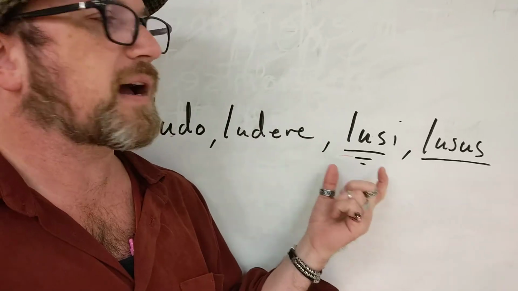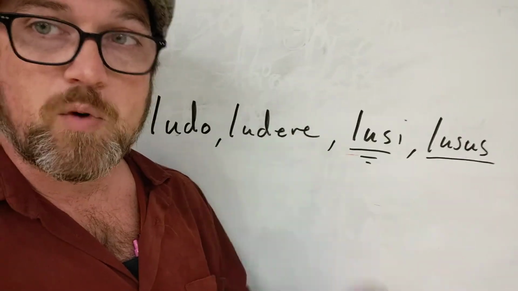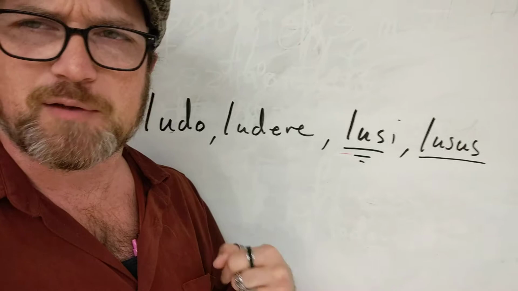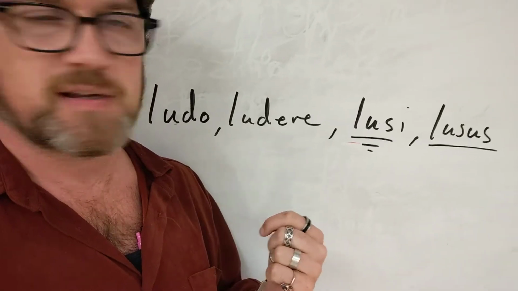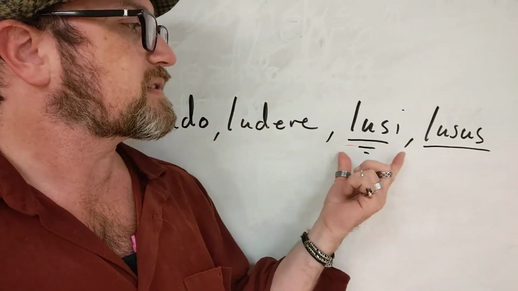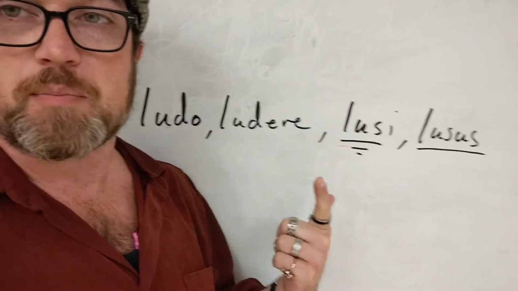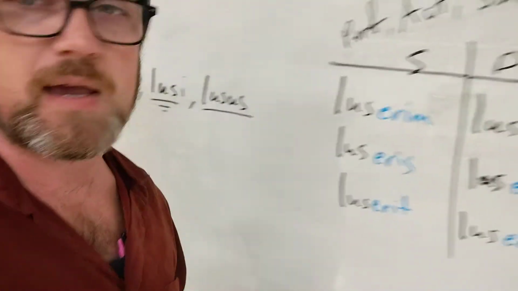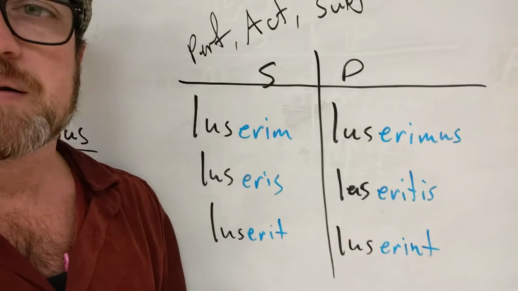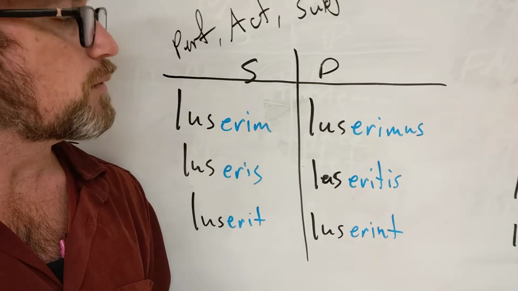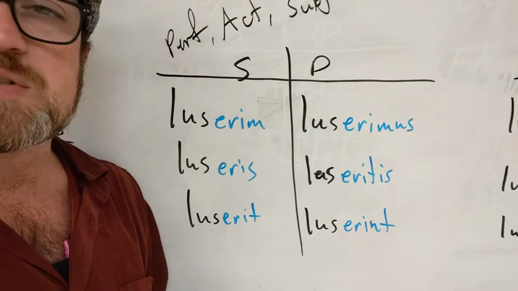But I don't want I have played, at least not in the indicative. I want I have played in the subjunctive. So I take the stem, which is everything except that i. I'm going to replace that with -eri plus my personal endings, which will give me this: lucerim, luceris, lucerit, lucerimus, luceritis, lucerint.